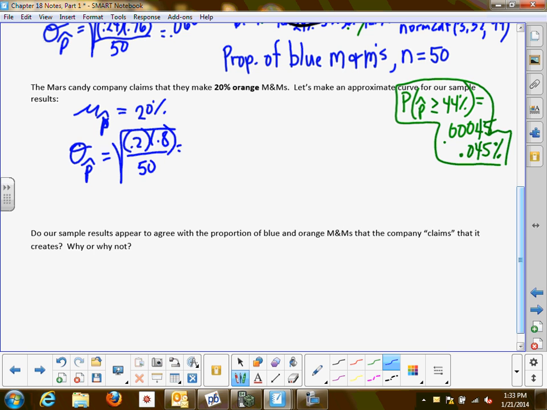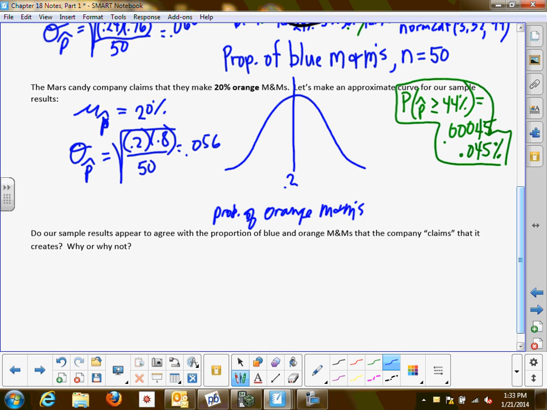That is 0.056. So if I was to make a normal curve with an average of 0.2, and we would label this proportion of orange M&Ms, it's important that you label these curves. Otherwise, how do I know what this is representing?